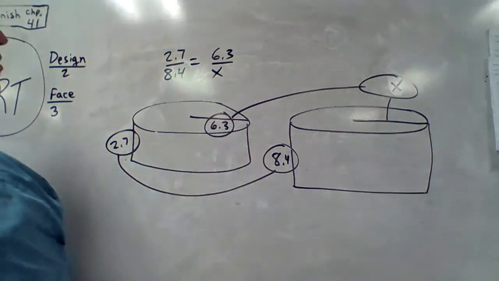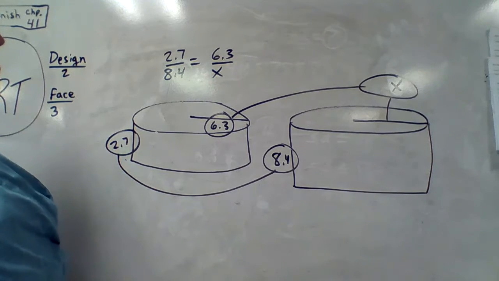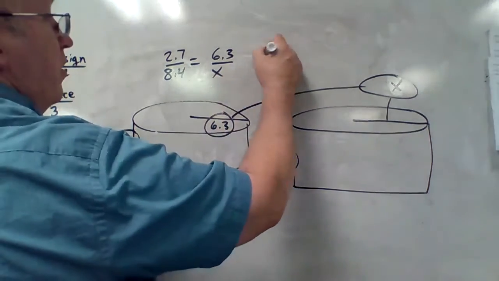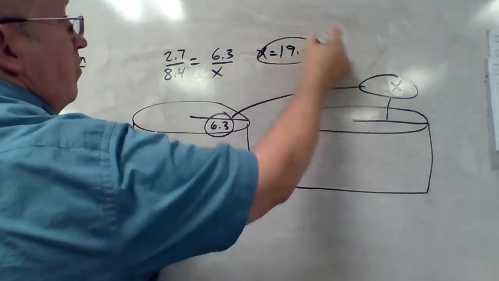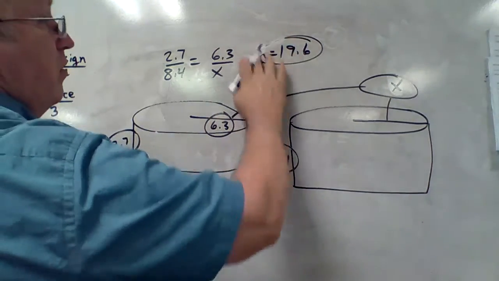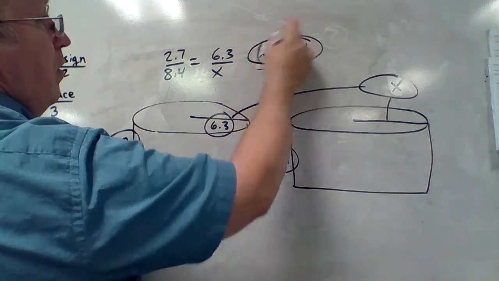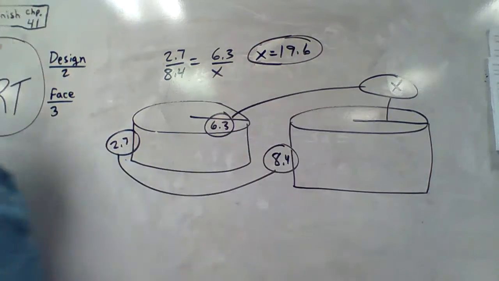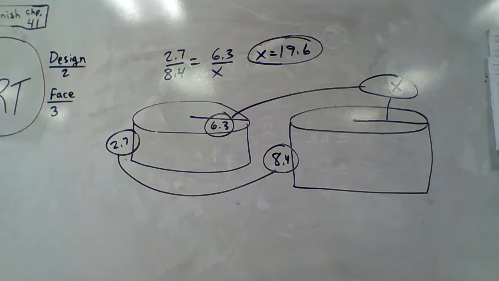And we can solve for this x here. 8.4 times 6.3 equals 52.92, divided by 2.7. And I get a value of 19.6. My x is 19.6. Well, that's ugly. Let's do that again. My x is 19.6 in this particular case.